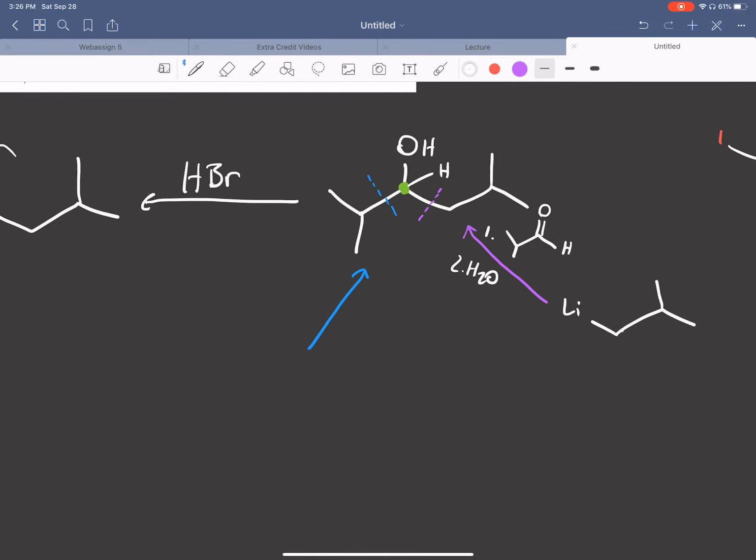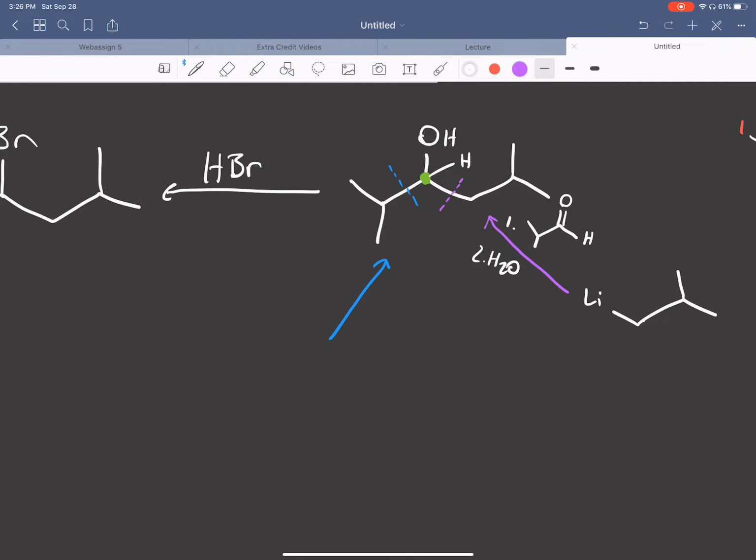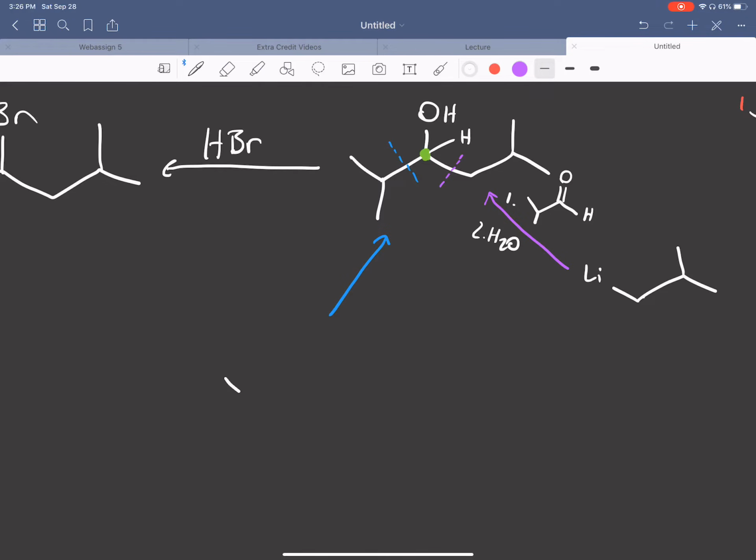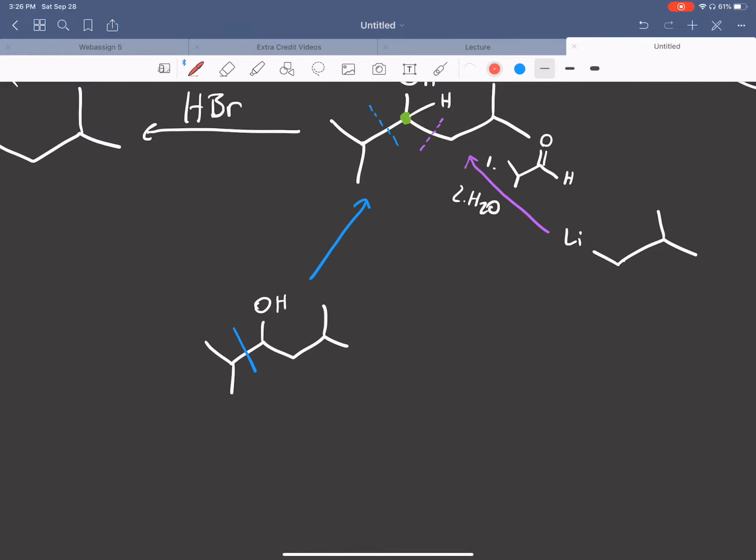And so just to get more practice, let's see the blue step. Okay, and so we split it on the blue end. So let's redraw this actually so we can see it better. This OH. Now we're going to cut that bond, number 1, 2, 3, 4, 5, 6, 7, 8. So the bond between 2 and 4 breaks. To draw that first.